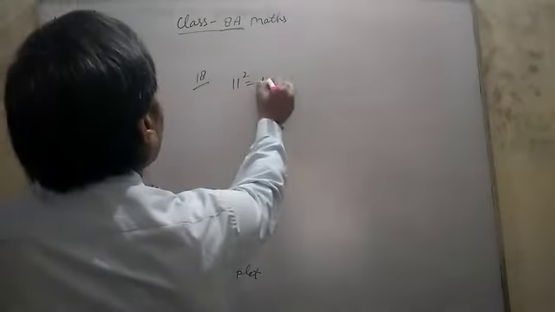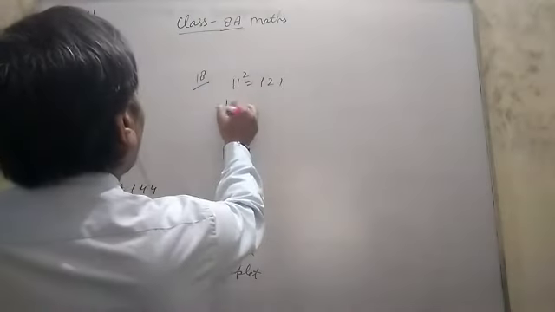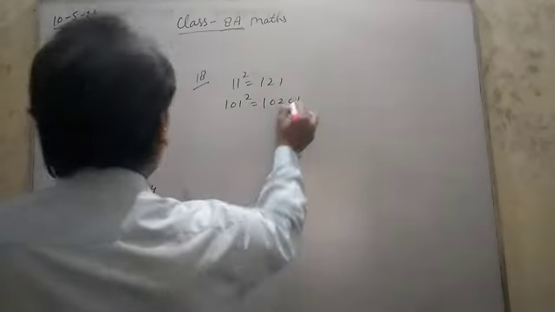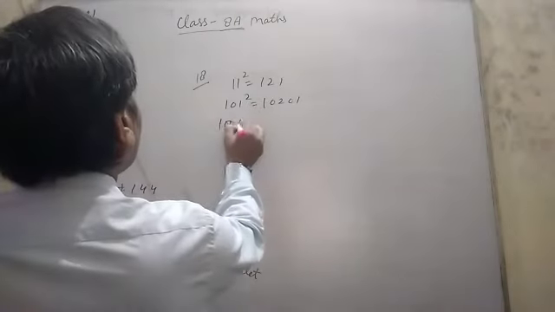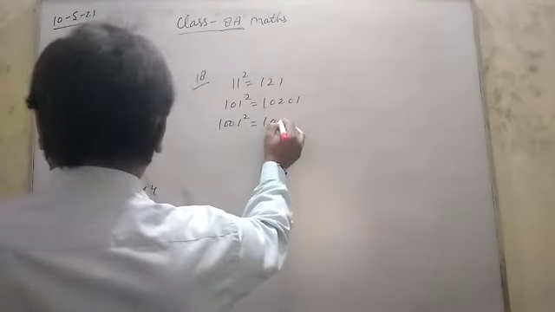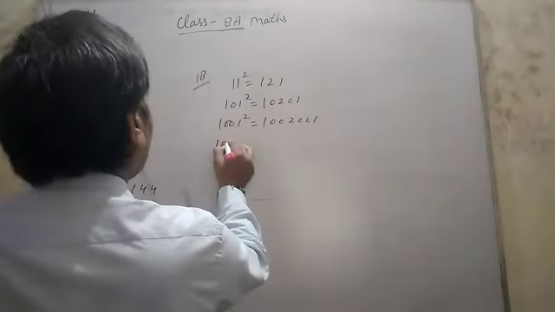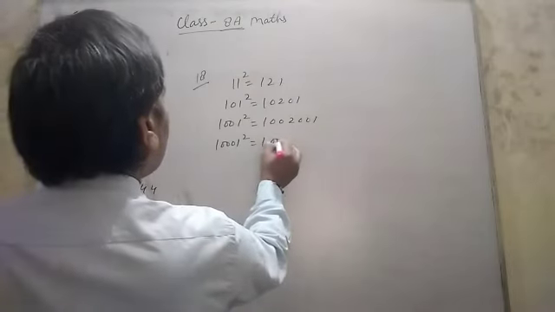So 11 square is 121. 101 square is equal to 10201. 1001 square is equal to 1002001. 10,001 square, like this.